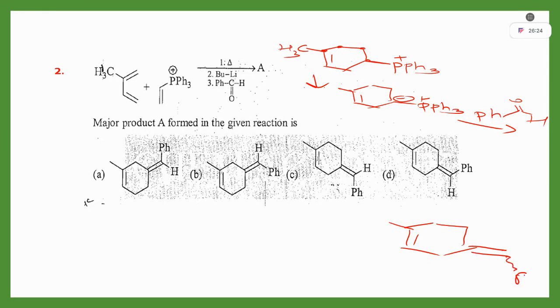I don't know the stereochemistry of the double bond. It can be both ways around. This is also possible and this is also possible. These options are eliminated because they are 1,3. So among C and D, Aarti, which option do you think will be most appropriate?